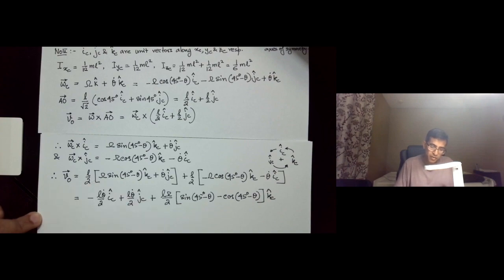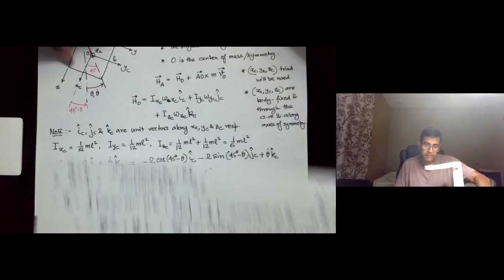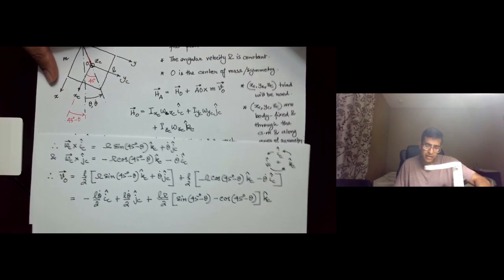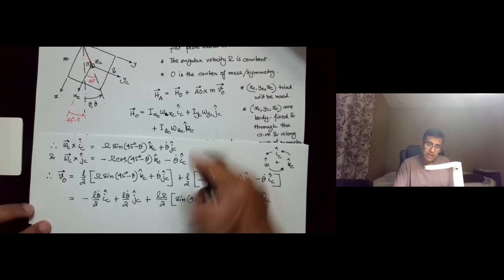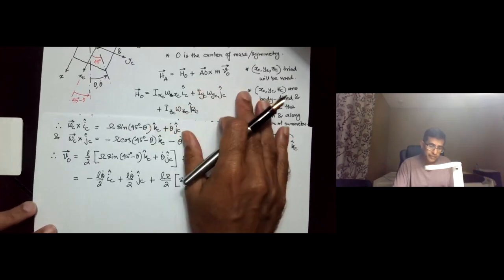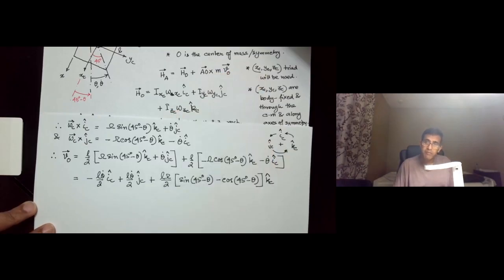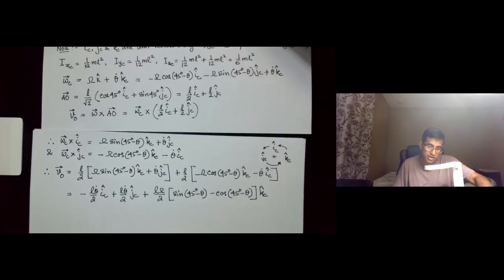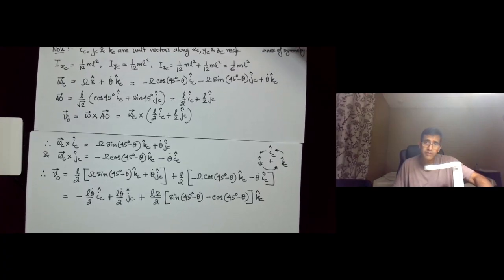So that's the expression for VO. Now if we go back to our formulation of the angular momentum, we see that we need AO cross M VO. So let us check out our expression for AO.